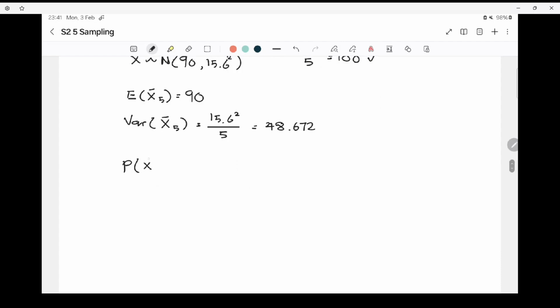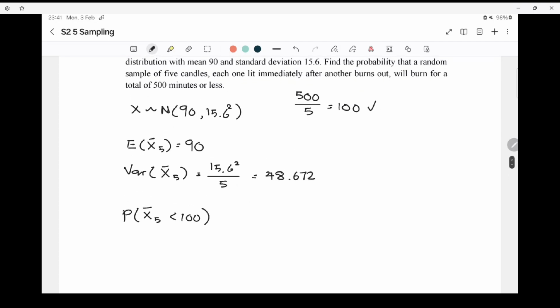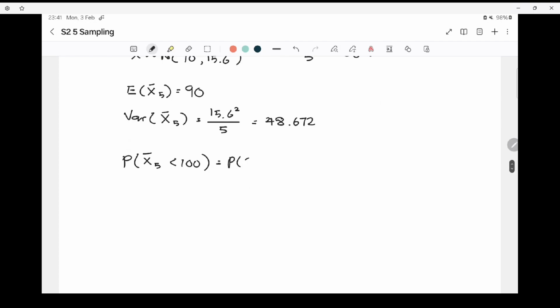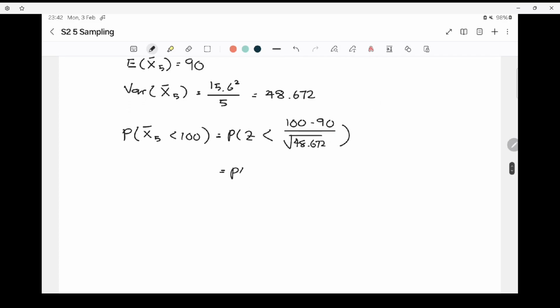So the probability of x bar 5 smaller than 100, 100 is coming from the one above, would be P of Z, convert it to z score, 100 minus 90, divided by the square root of 48.672. So this is P of Z smaller than 1.433, and you can just read from the table 0.924. So that would be your answer.